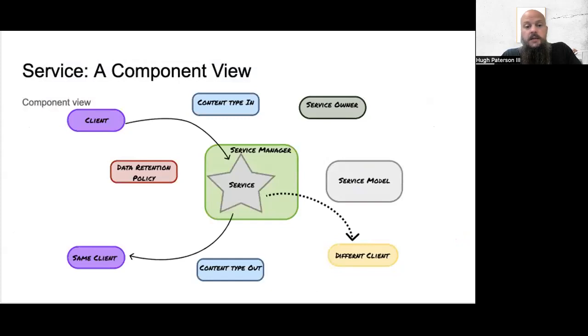But if we're to look at service more holistically than just the very simple view of it, we might have to answer some questions like, what is the content type that's going in, or what is the content type coming out of that service? Is there a data retention policy? And is the service manager the same as the service owner?